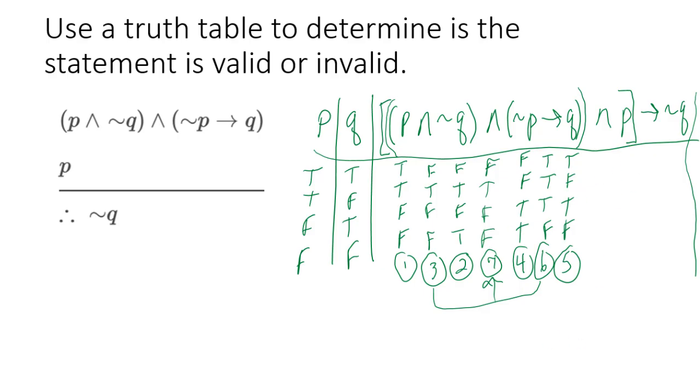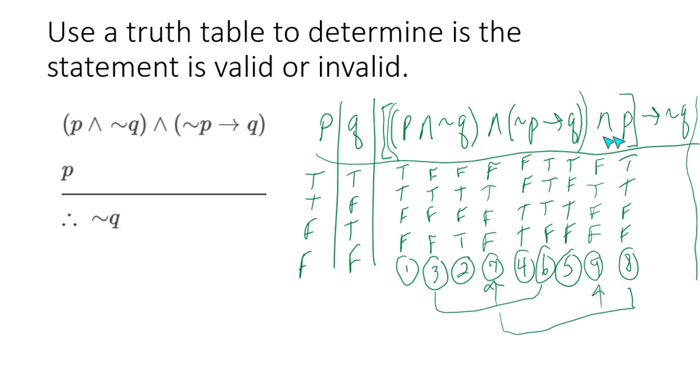P is true, true, false, false. And I'm going to use this last column 8 with column 7 to give me this number 9. So we have false and true is false. True and true is true. False and false is false. False and false is false.